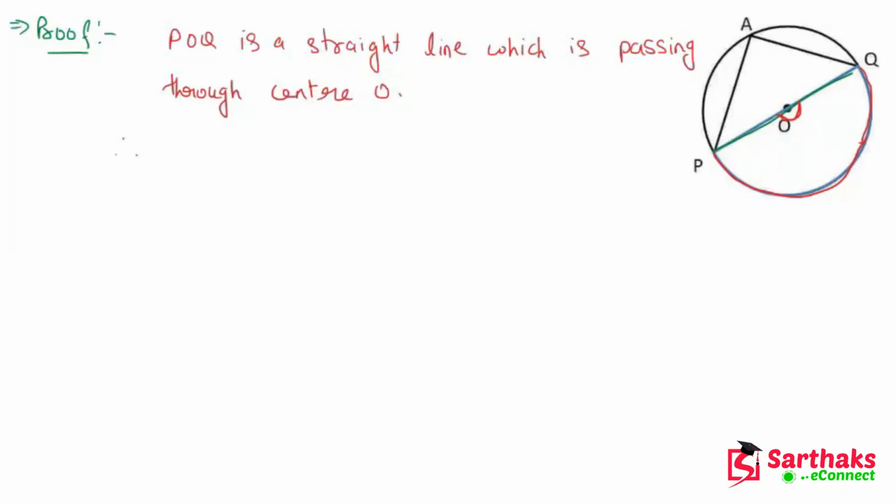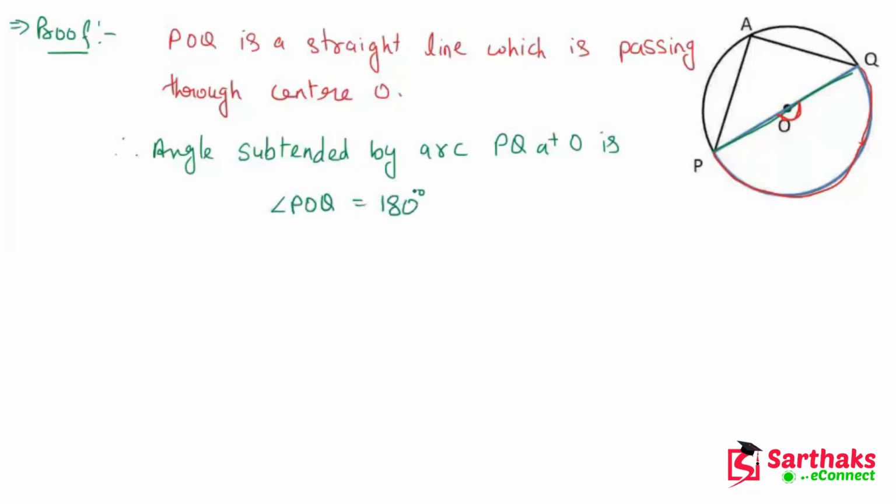So we can write angle subtended by arc PQ at O, that is angle POQ, is equal to 180 degrees. Let's suppose this is equation 1.